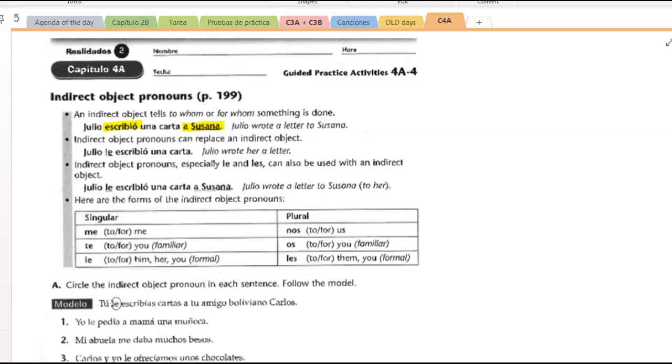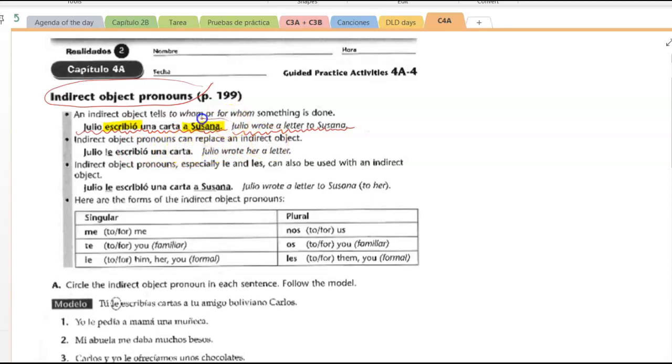Remember that the indirect object pronouns are the ones showing who is receiving whatever is given in the action. In this case, Julio used to write a letter to Susana, or Julio wrote a letter to Susana. So the indirect object pronouns can replace an indirect object.